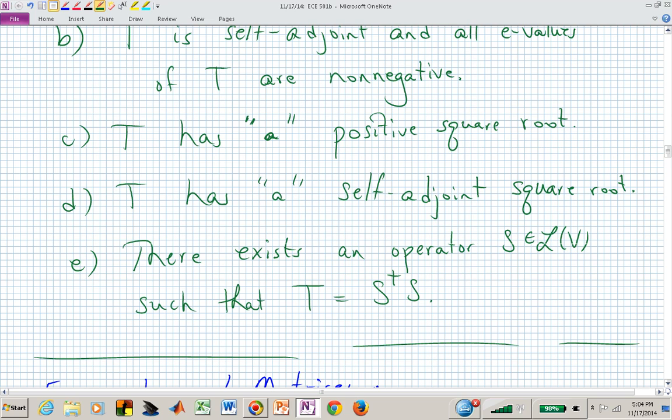So basically C immediately implies D. Is that clear? So we really just need to do D implies E, and that is to show that there's an operator S such that its adjoint times S gives us back the linear operator.